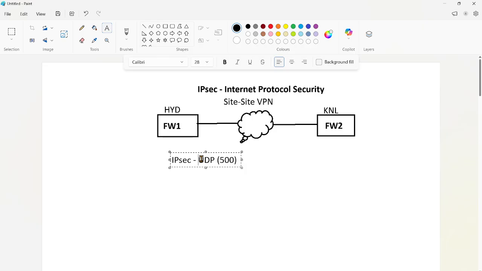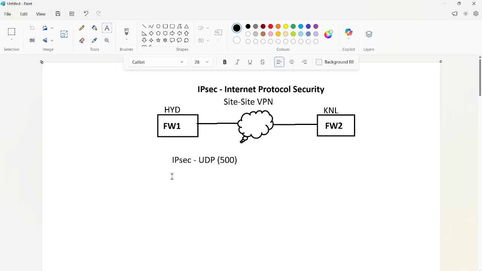In the L4 header, you will have the UDP header. Under that UDP header you can see source port 500 and destination also 500. So this is some general information you should know.